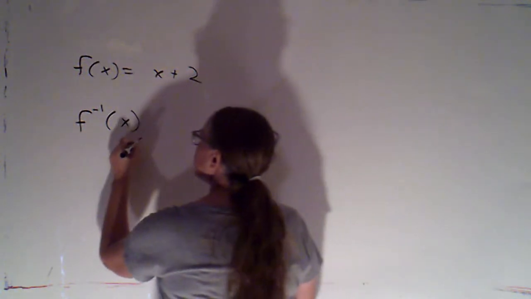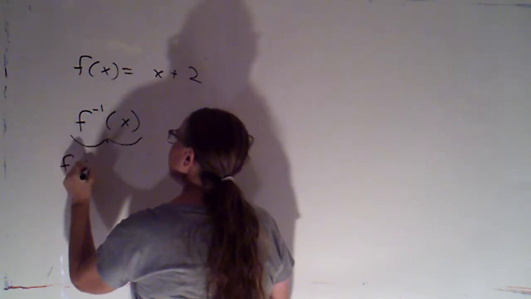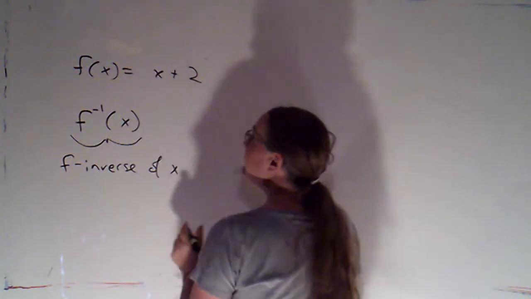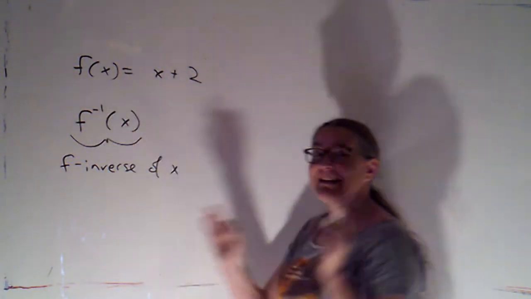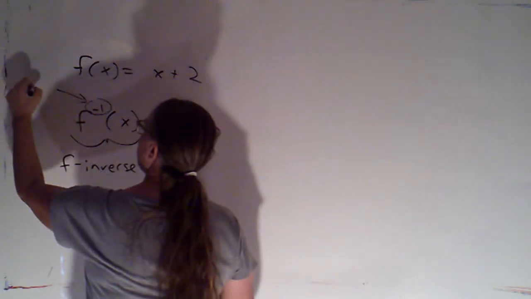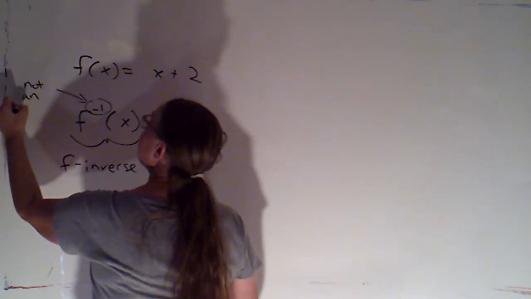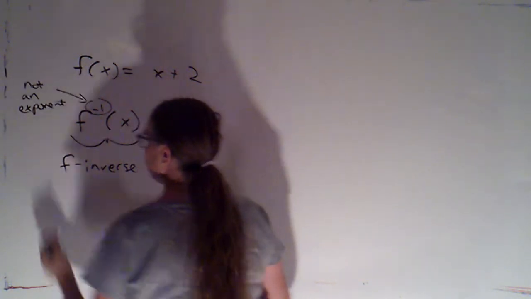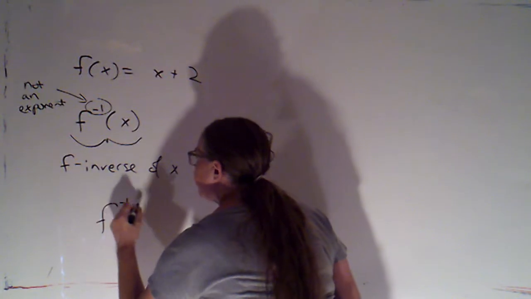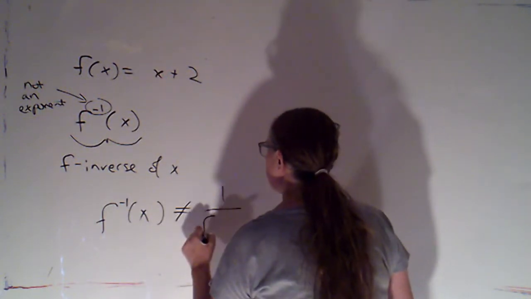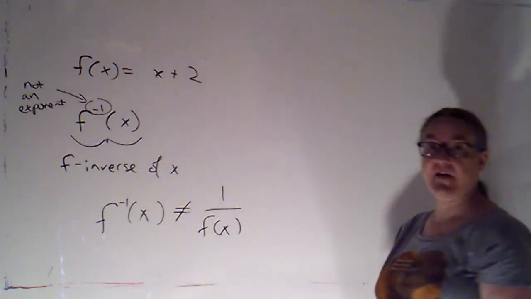Now, this we read as f inverse of x. This -1 is not an exponent. That is what we call an inverse sign. So f inverse of x is not the same as the reciprocal of f of x.